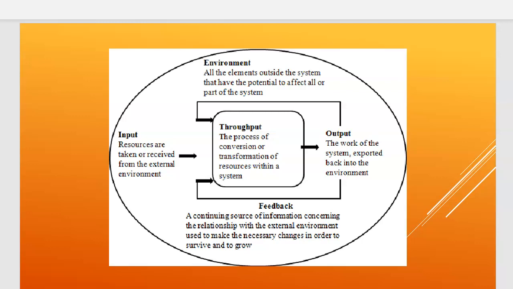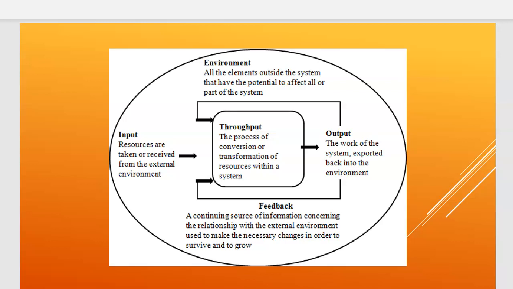Then on the left side of the system, you have the input, resources that are taken in or received from the external environment. The arrow means it enters into the system, and that process is called the throughput. It's the process of conversion or transformation of the resources within the system.